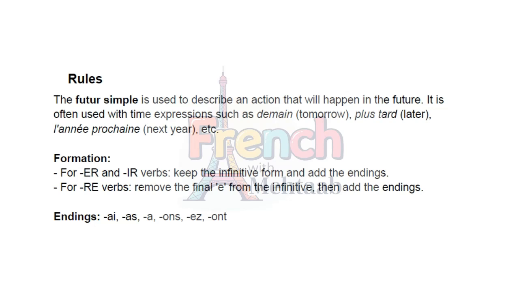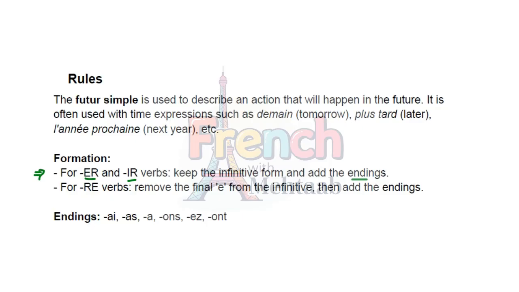So, how do we form this tense? What are the conjugations, and what terminations do we add? First of all, there is a simple rule: for er and ir ending verbs, you just keep the infinitive form and simply add the endings of the futur simple.